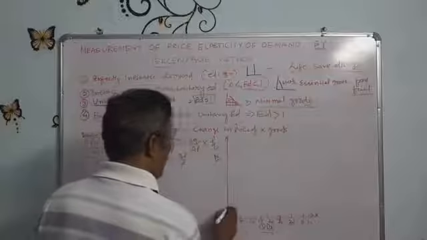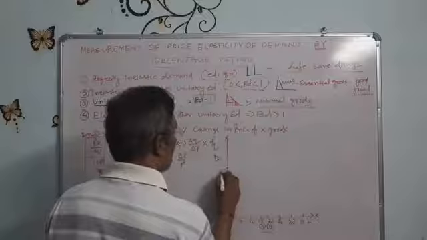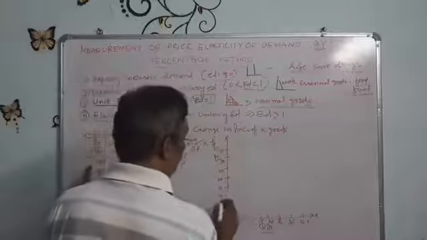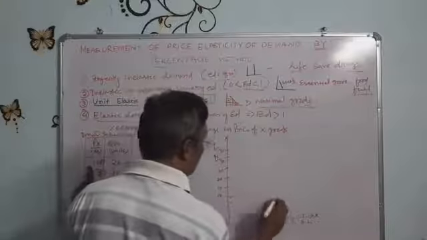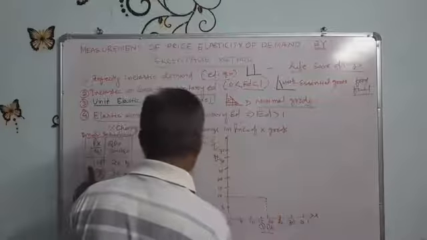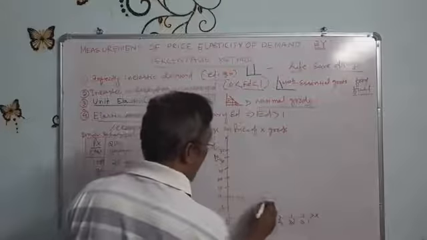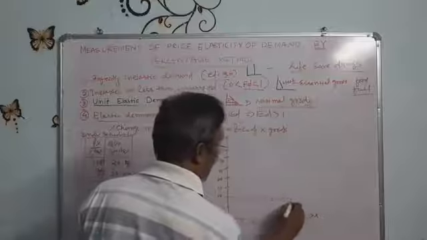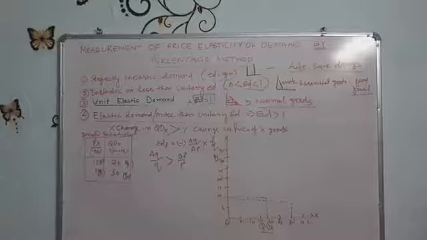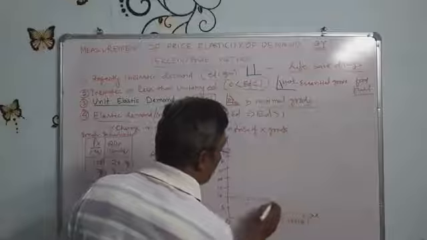Price is 10, quantity is 20, and price falls to 9, quantity 30. Price 9, quantity 30. This is the demand and this is that point.